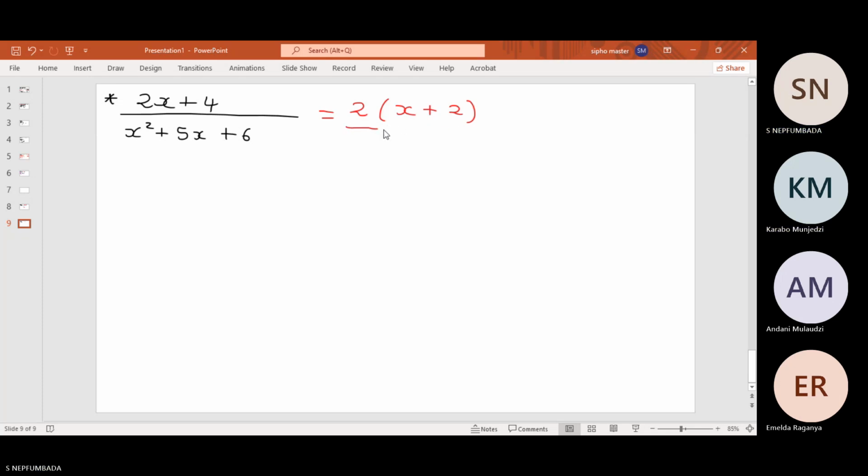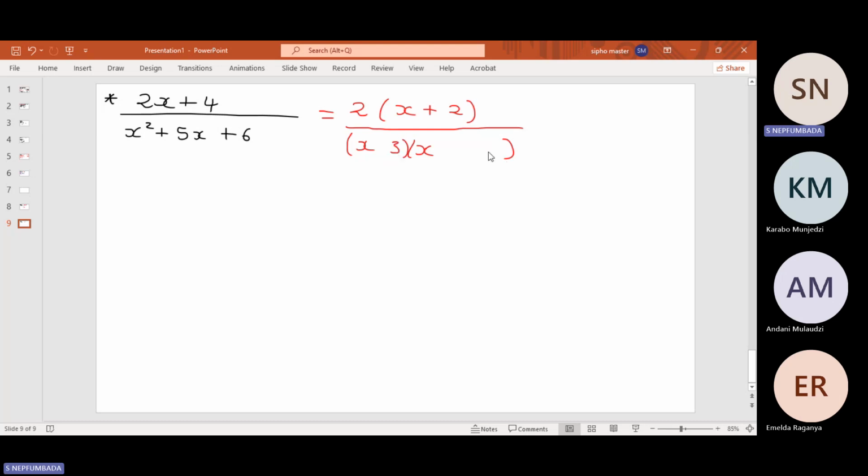Okay. Then divided by, we can factorize the denominator. And this is x, this is x. We need the factors of 6, whereby when we multiply, they give us positive 6, but when we add them, they give us positive 5. You know those things of factorizing, don't you?